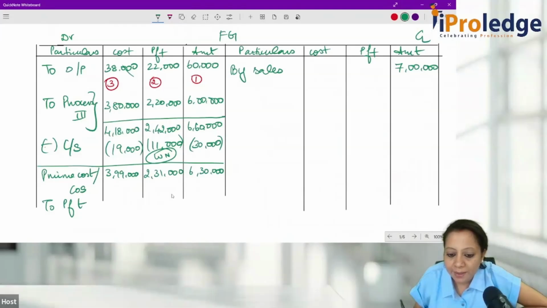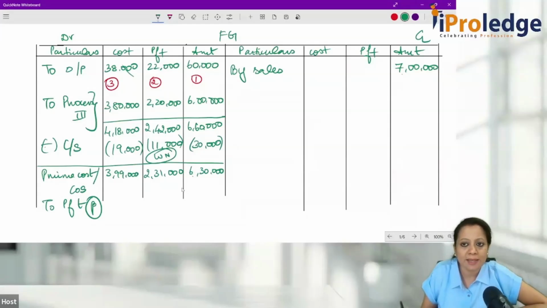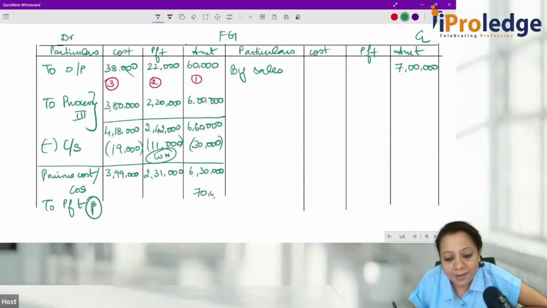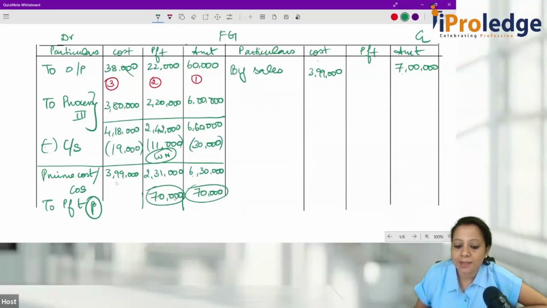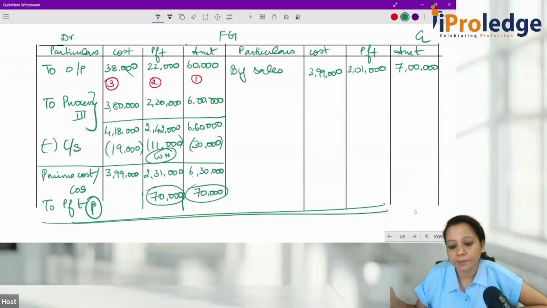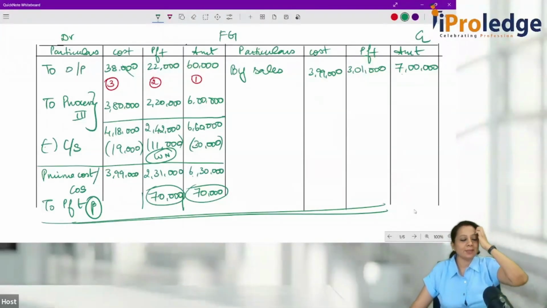That means profit, balancing figure 6 lakh 30 minus 7 lakhs. In other words, 7 lakhs minus 6 lakh 30. Are we getting 70,000? Right, everyone? Yes. So 70,000 is the profit. So now what we will do is the cost will be 3,99,000. Profit will be 2,31,000 plus 70,000. Is it 301? Got it, everyone? Yes.